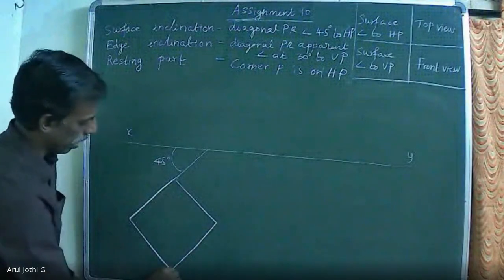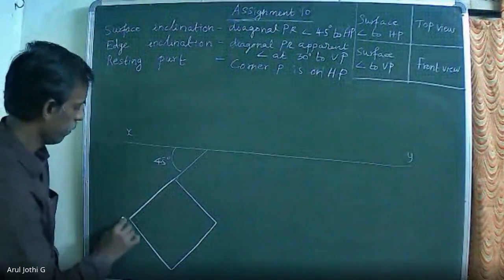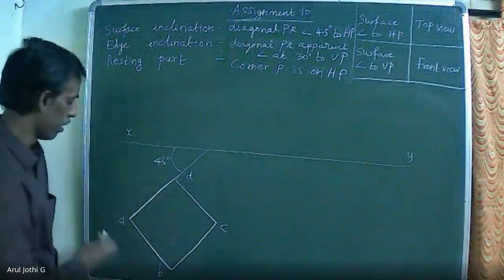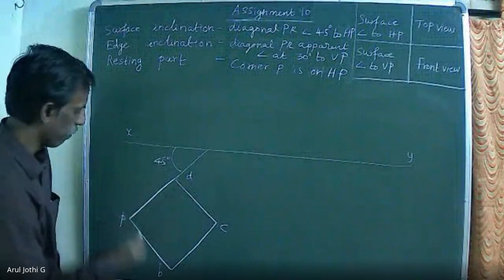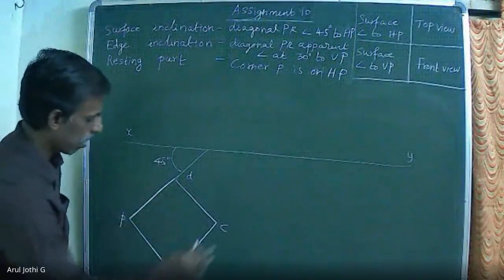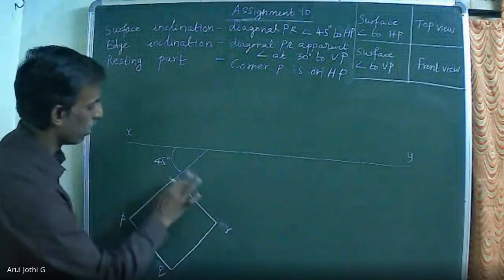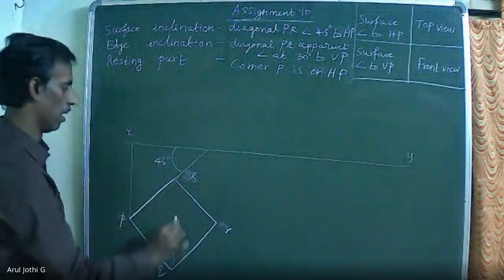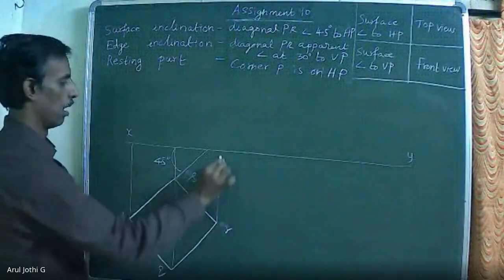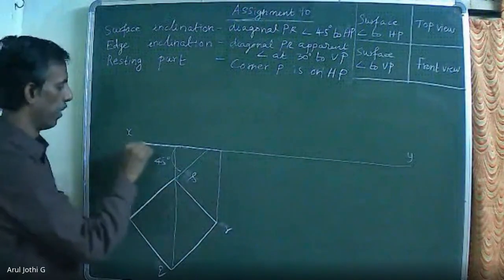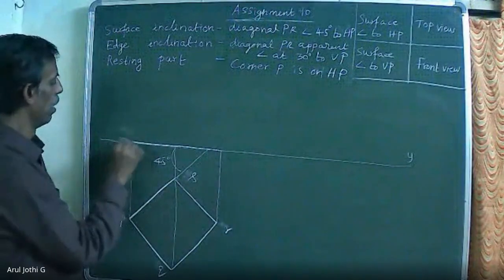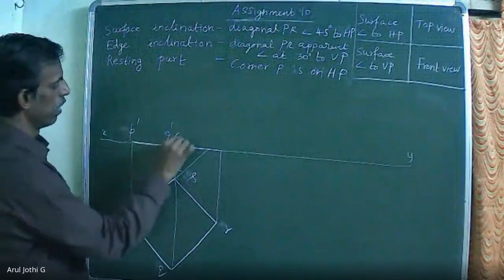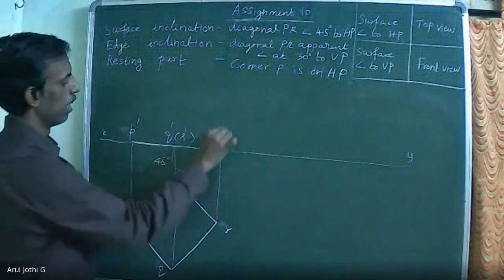Draw the square here with the given condition, P, Q, R and S. Then draw the projector lines for your front view. This will be P dash, Q dash and S dash, R dash.